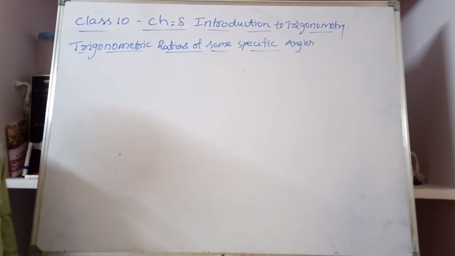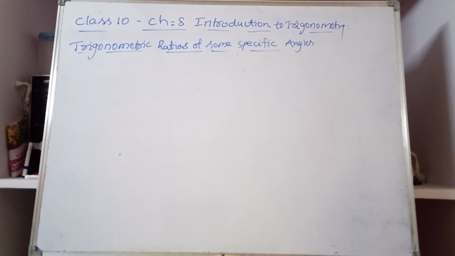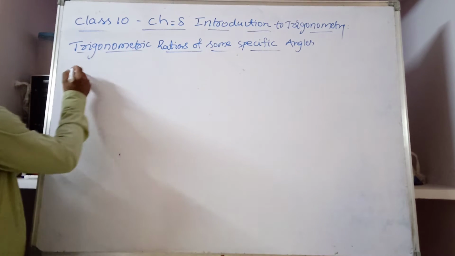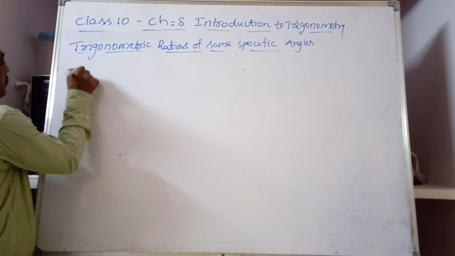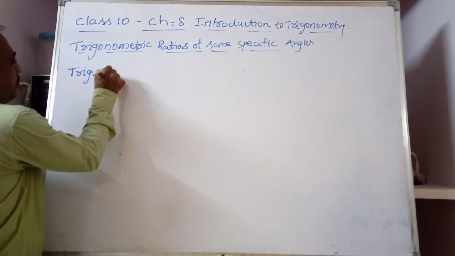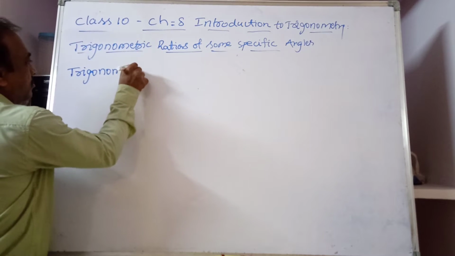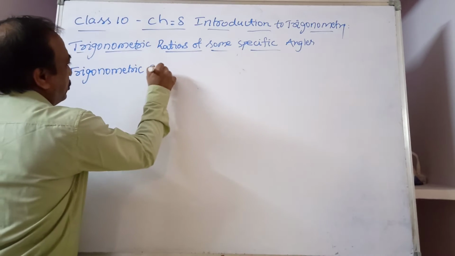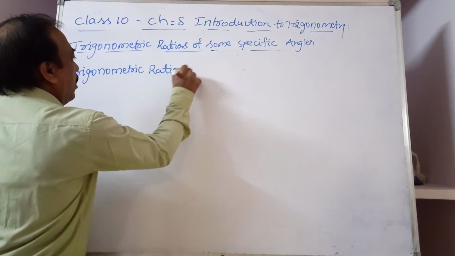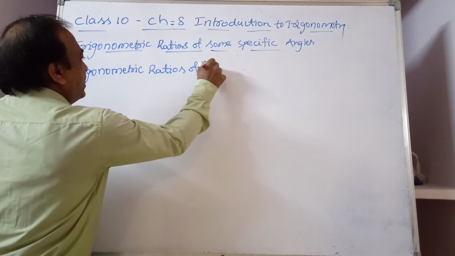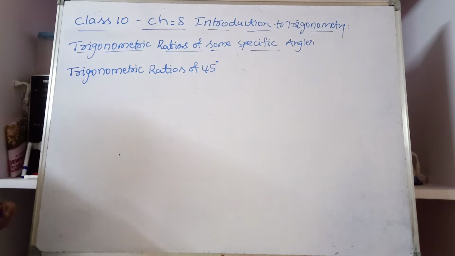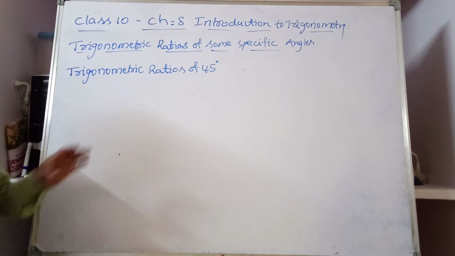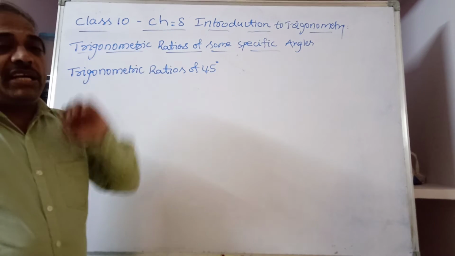The first one we will see is the trigonometric ratios of 45 degrees. Observe it very carefully.